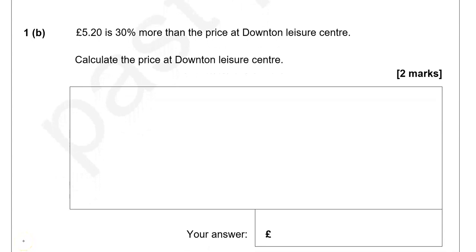£5.20 is 30% more than the price at Downton Leisure Centre. Calculate the price at Downton Leisure Centre.